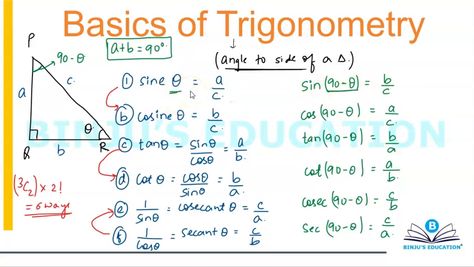Now there are a couple of things which we have to note here. First, if you observe carefully, you'll realize that the value of sine theta is equal to cos 90 minus theta.